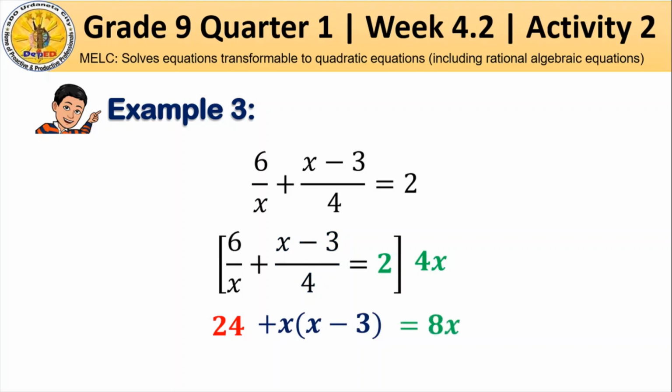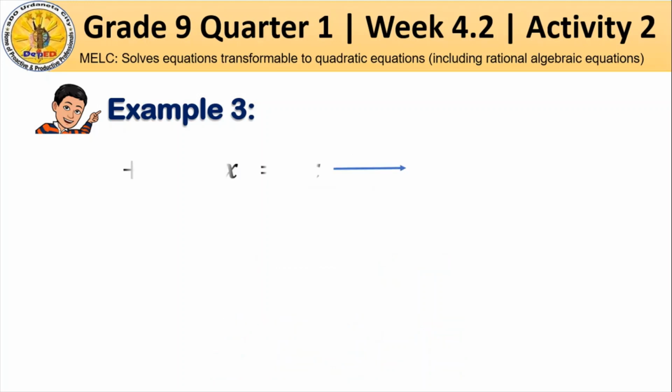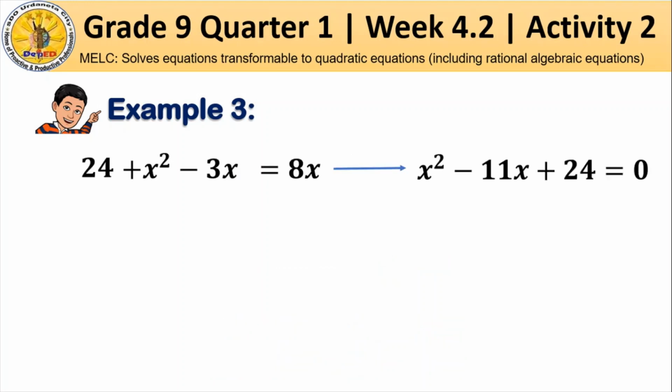That is 8x. By distributive property, we have 24 plus x squared minus 3x is equal to 8x. Transforming the equation in standard form, we have x squared minus 11x plus 24 is equal to 0.